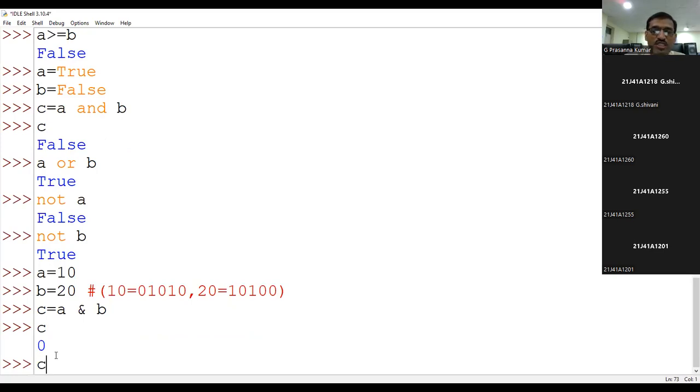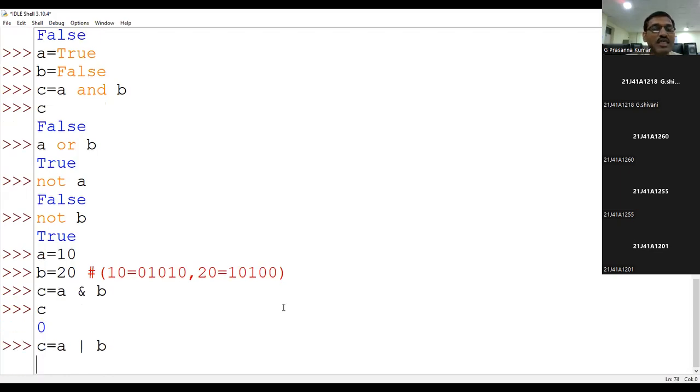Similarly, if you use C equal to A OR B, then adding from the LSB bit of B to the LSB bit of A, it is 0 plus 0 is 0, 0 plus 1 is 1, and so on, with carry. The output of this is 30.